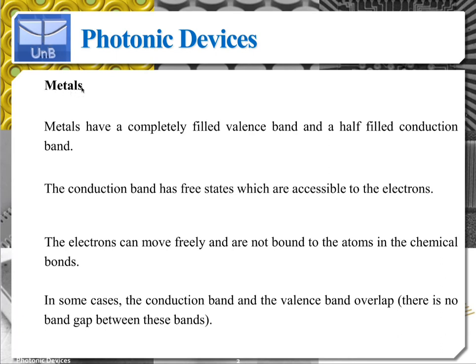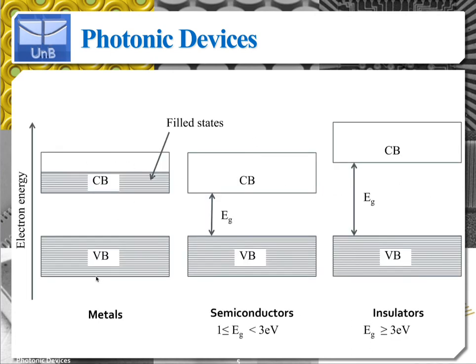Let's start talking about metals. Metals have a completely filled valence band and a half-filled or partially filled conduction band. Looking at this picture here, this is what we have, right? The fully filled valence band and a partially filled conduction band.